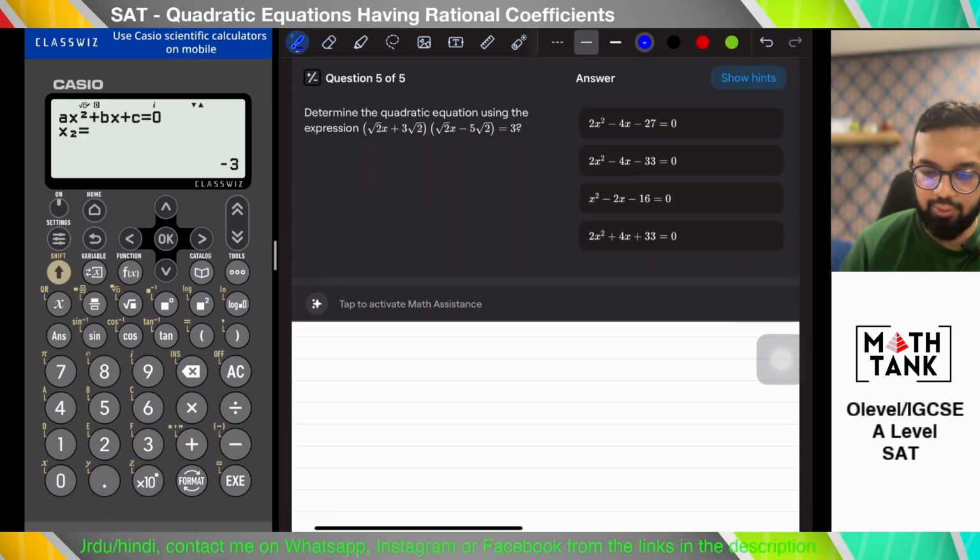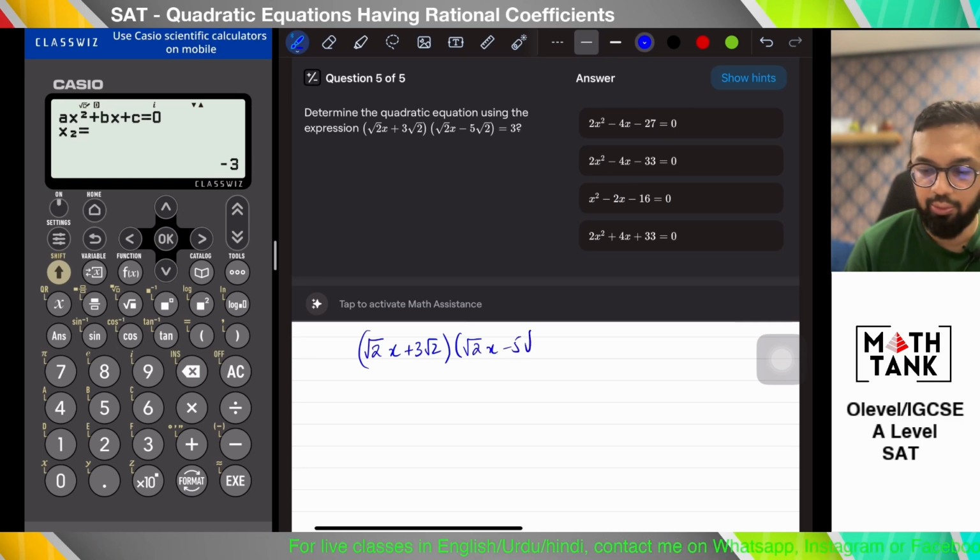Okay, determine the roots of the quadratic equation using the expression this. Okay, now since I have the quadratic expression factorized, but there's a root equals to 3 on the other side as well, which means that I can't solve this right now. I just have to multiply it through. Root 2 into root 2 gives me 2, and x into x gives me x squared.